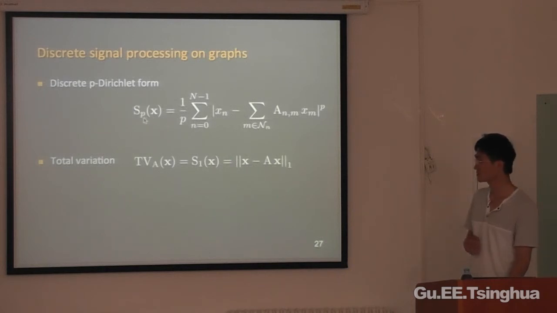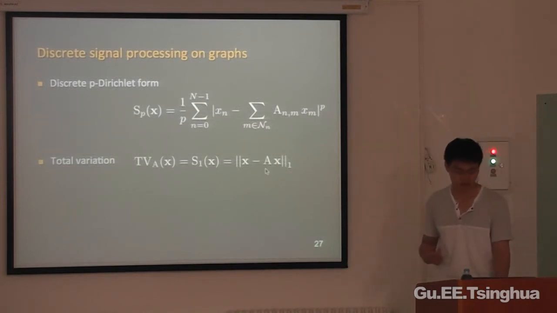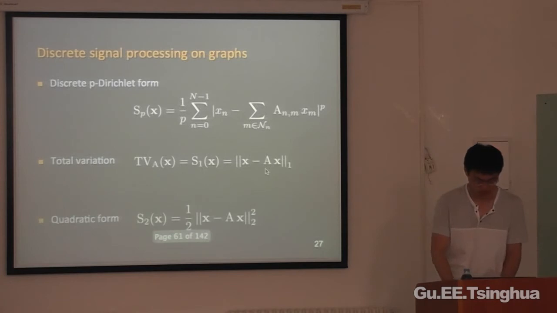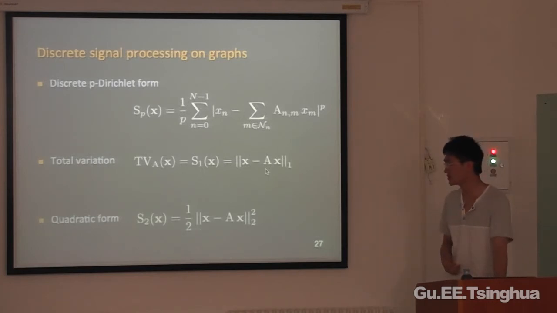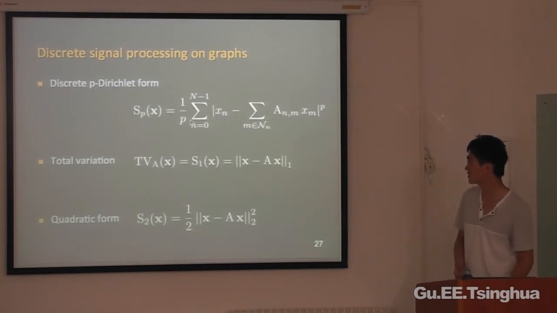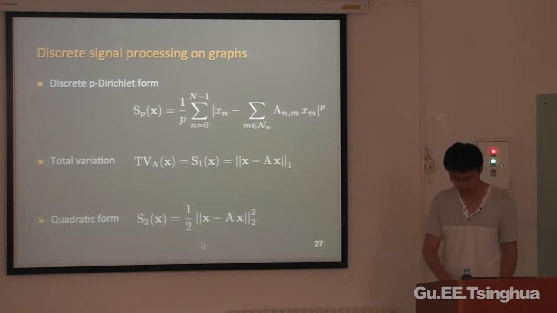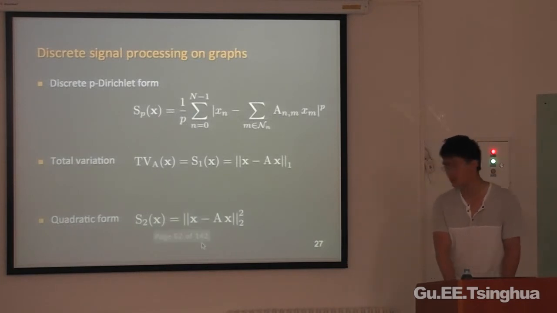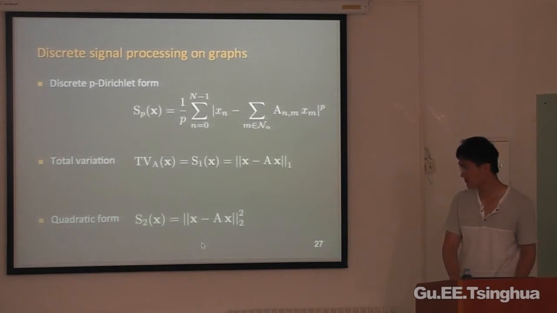If you plug in p to be 1, then the constant is 1, and you go back to the L1 norm. And we can get a quadratic form by specifying p to be 2. So this is a half here, and we get a very nice quadratic form. In this talk, I ignore the constant half and just focus on this quadratic form.